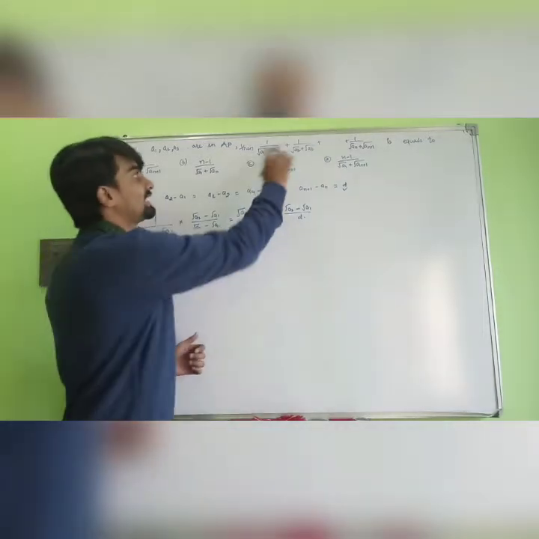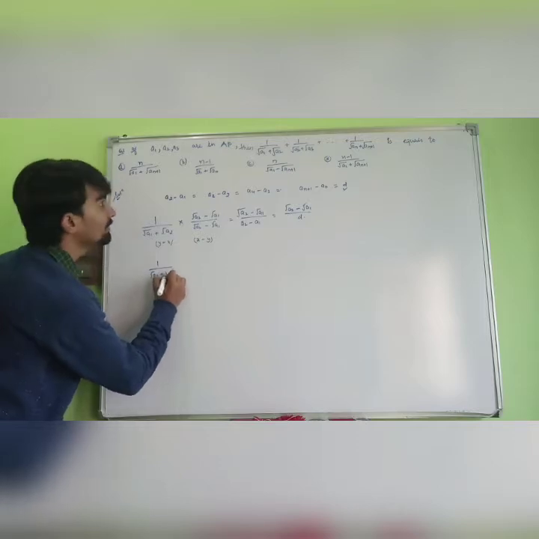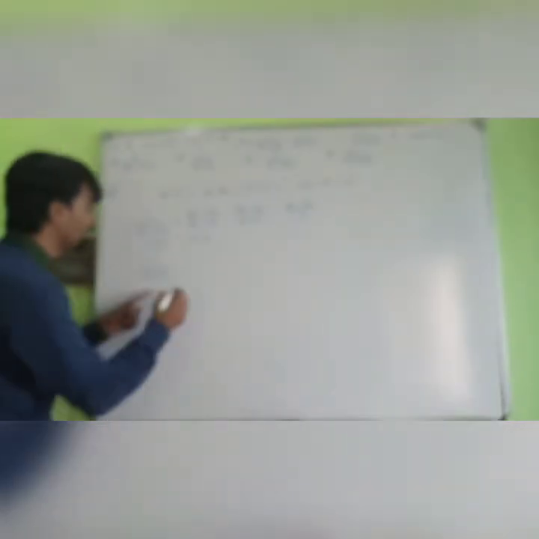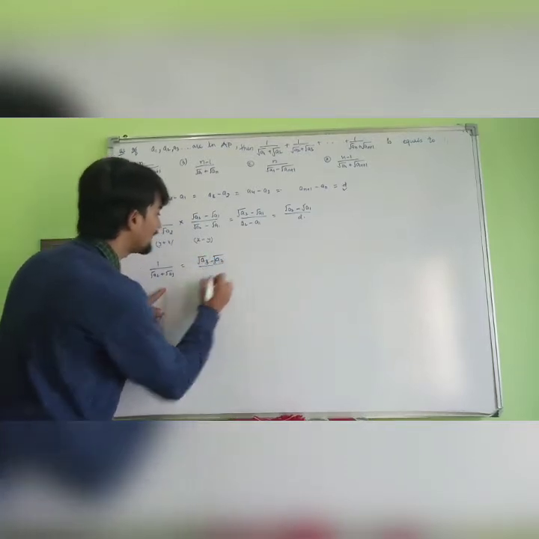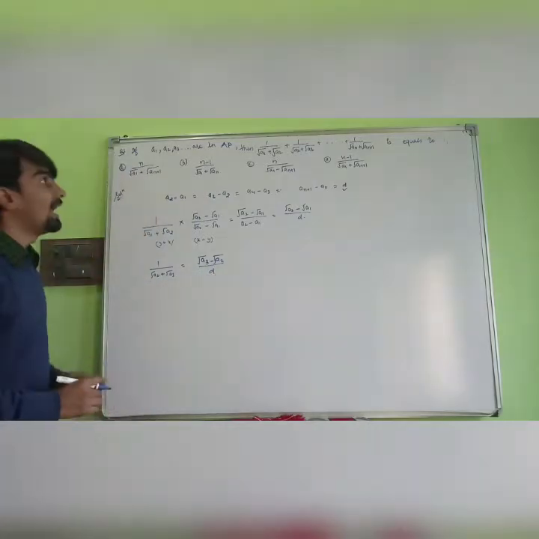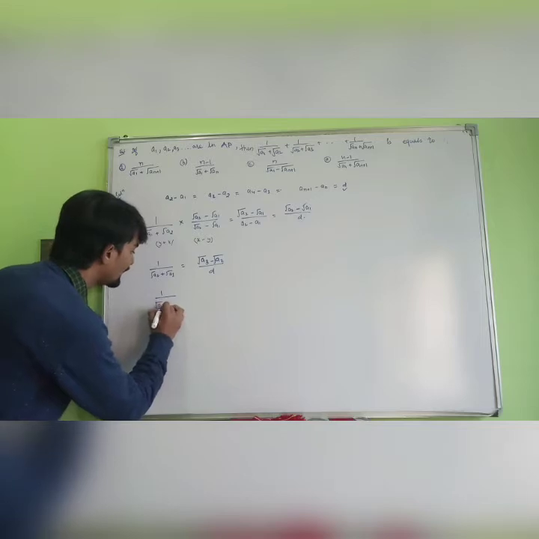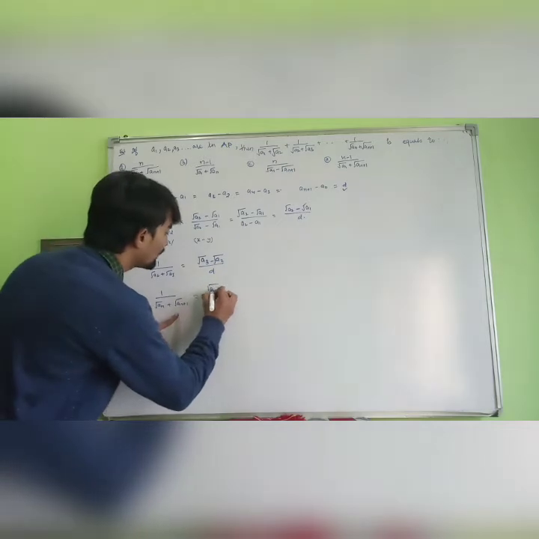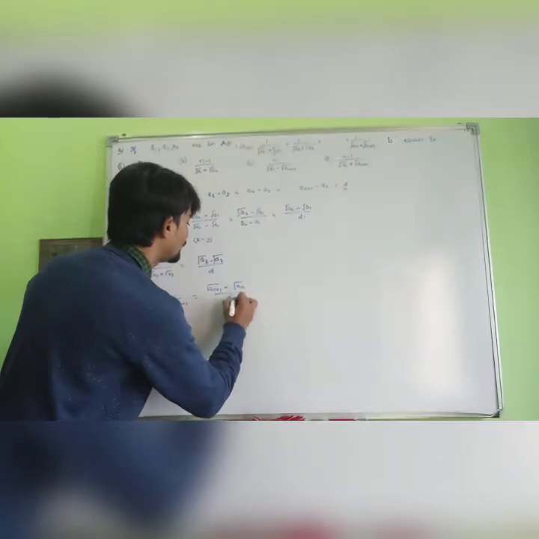Okay, so if we take the second term of the series, it is 1 upon root a2 plus root a3. After rationalizing it like we have done in the previous one, we will get root a3 minus root a2 over d. And if we take the last term of the series, that is 1 upon root an plus root an+1, we will have root an+1 minus root an upon d.